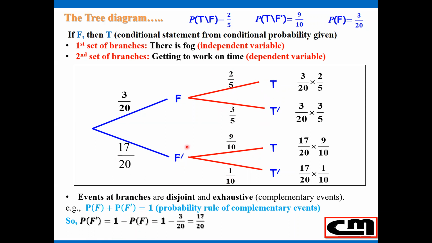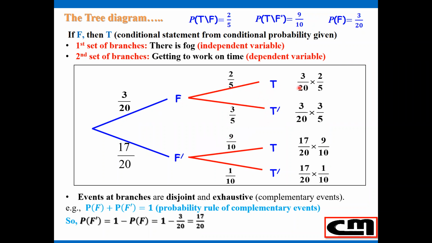Once this is done, now to know the probabilities following the branches, that is, if F has happened, then we have a T. So it's F and T, or F intersection T, or F intersection T prime, and so on and so forth.